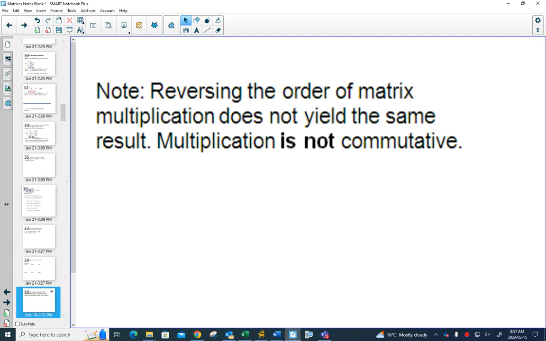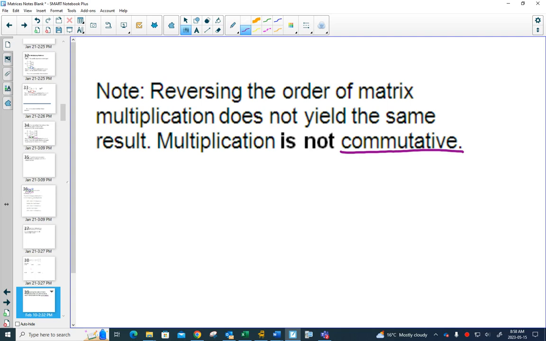So here's a new word for you. Commutative is the official word for when 5 times 3 is the same as 3 times 5. There's a fancy word for that. Most of us up till now have just thought of it as common sense. Okay?